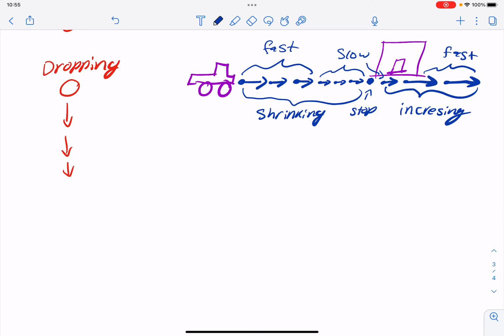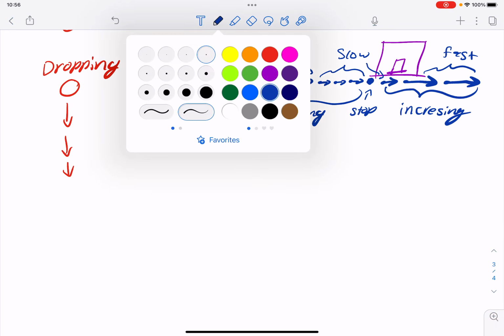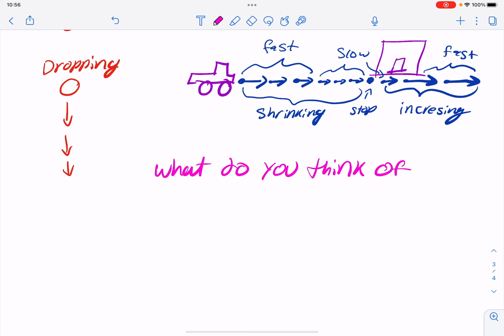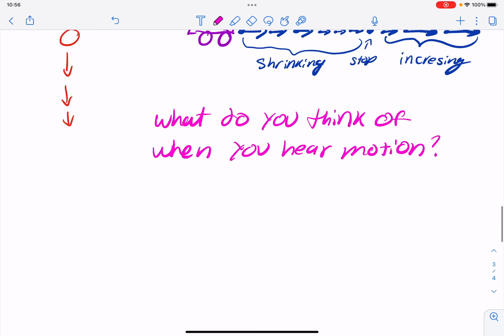So then, what are different things that we think of when it comes to motion, right? What are some things you think of when you hear motion? One of these would be maybe velocity or speed, right?